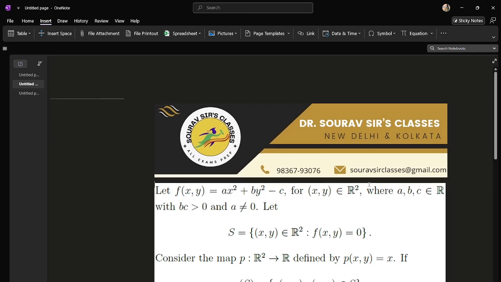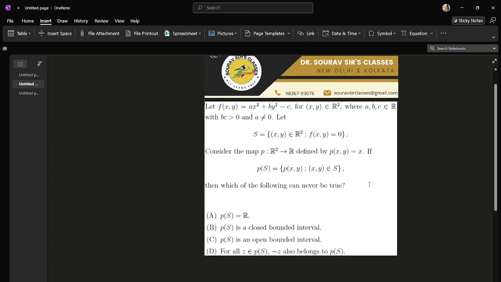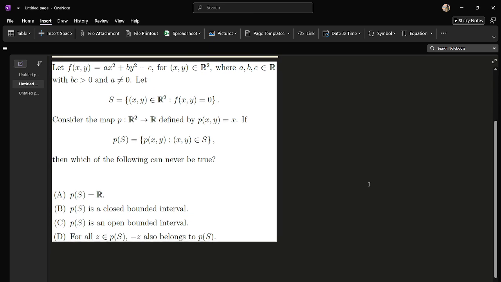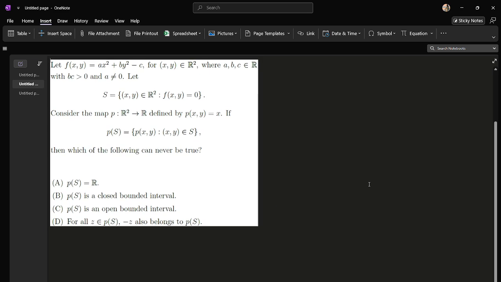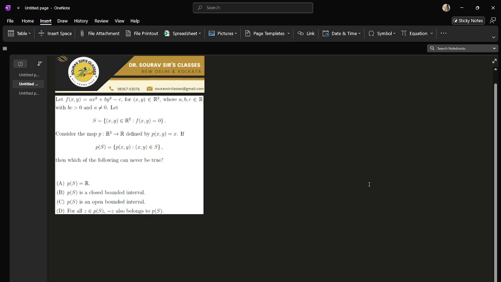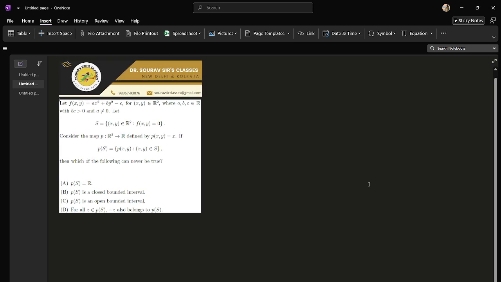So now we are going to solve a problem which has appeared in the ISI MTech QROR MCQ section, and the question is telling us: let f(x,y) equals ax² plus by² minus c, for (x,y) belonging to R², where a, b, c belong to R, with bc greater than 0 and a not equal to 0. Let S be the set of (x,y) in R² where f(x,y) equals 0, so the kernel of it.